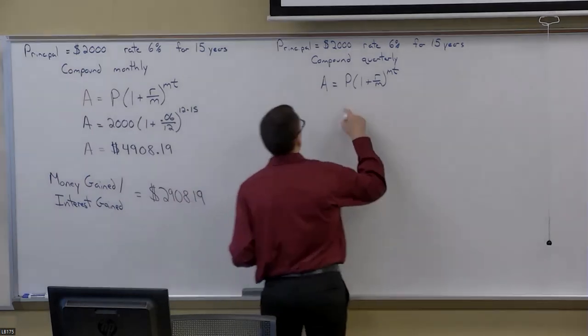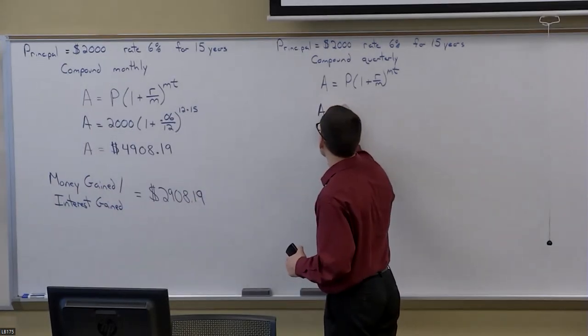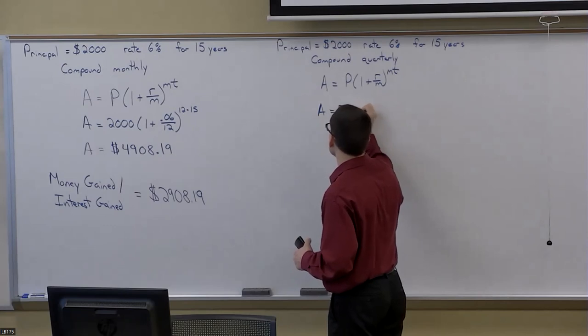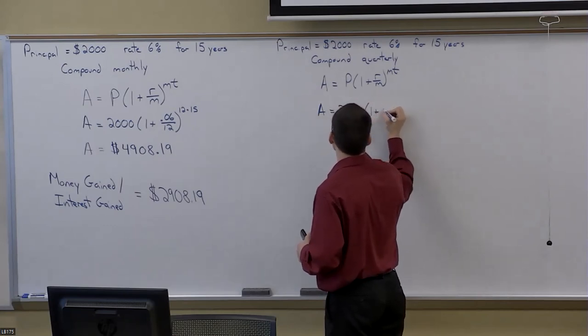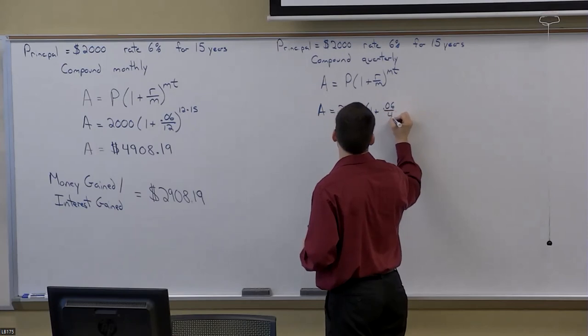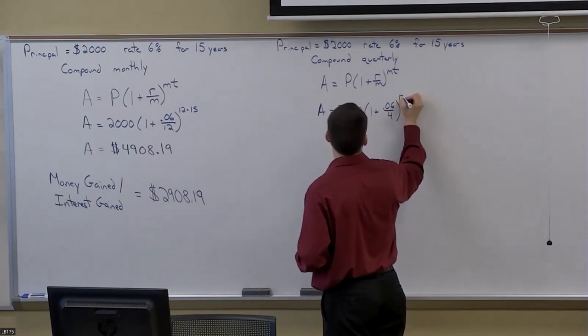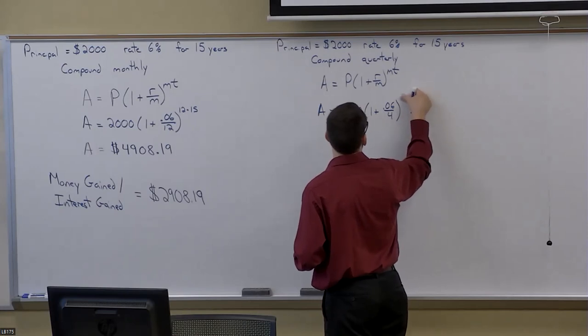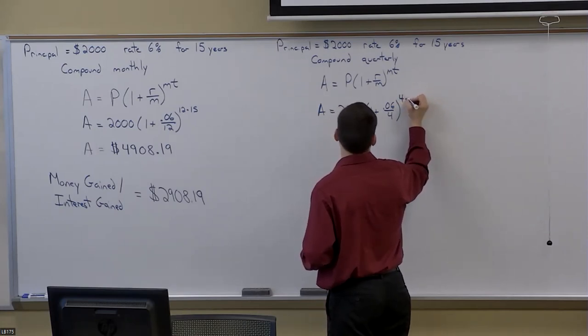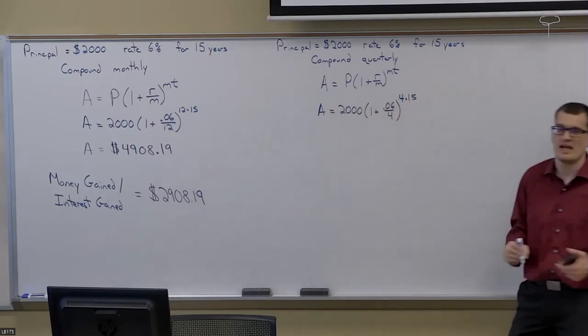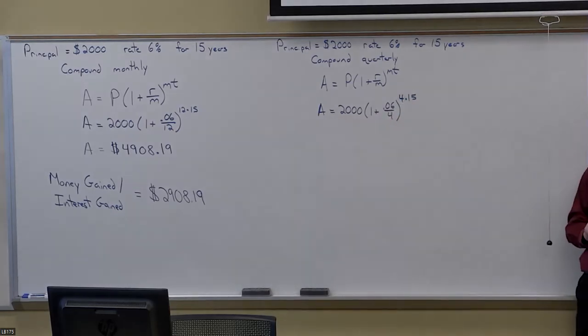Let's do that for compounding quarterly as well. If we do the compounding quarterly, it'll be 4 times 15 in the exponent, and then we'll have to do 0.06 divided by 4. By the way, 4 times 15 is 60. So you can put 60 in, type that in.